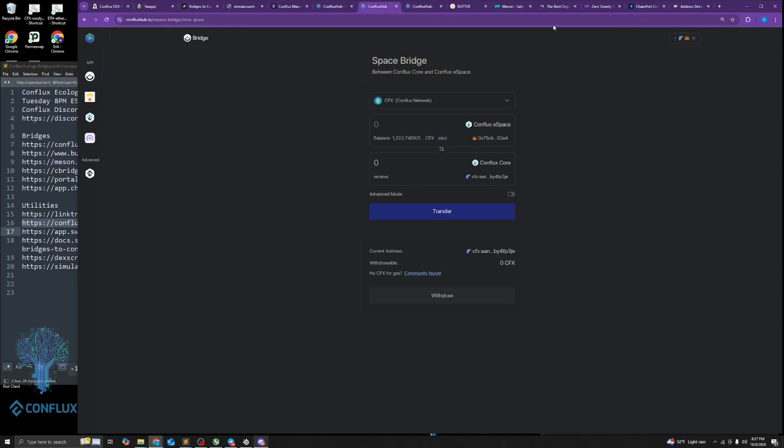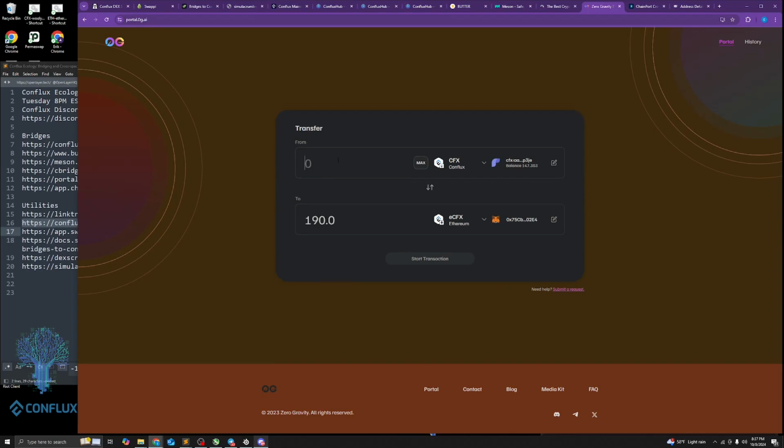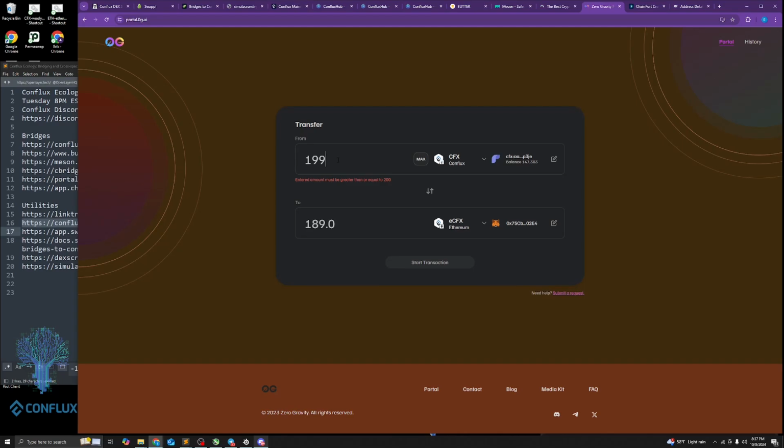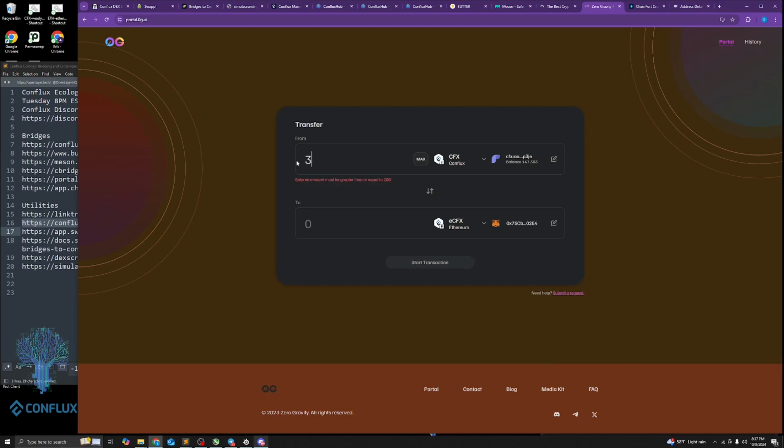Cool. And here's where, at this point, you go to the 0G bridge. If I was going to go to Ethereum, the minimum seems to be 200. Yeah, I would say go 200. But again, it's Ethereum, so the fees will be higher. I really wouldn't want to do this unless you're talking thousands of CFX, like a couple thousand to use in DeFi.